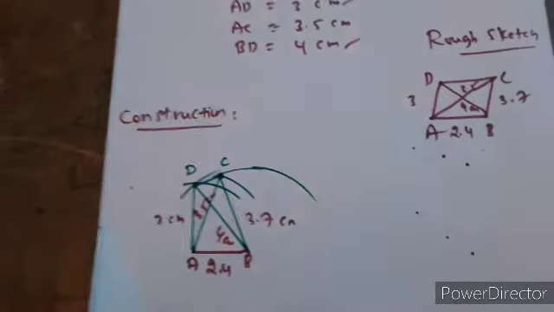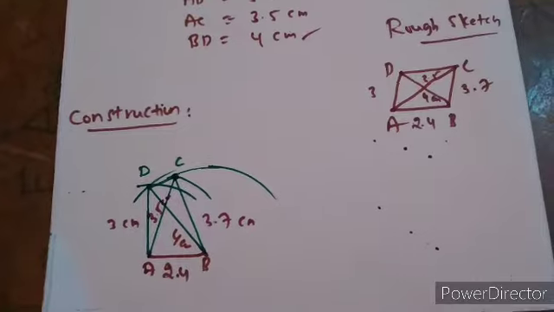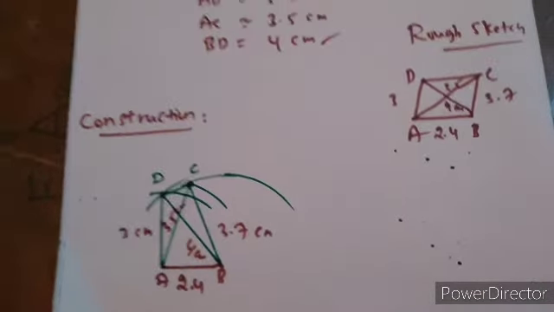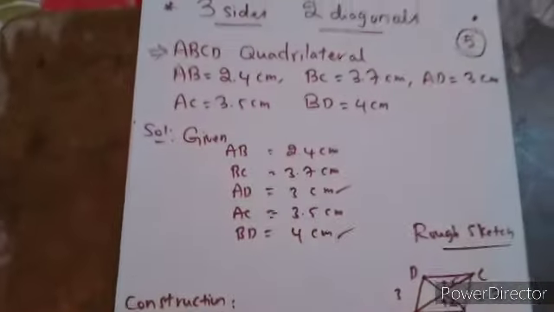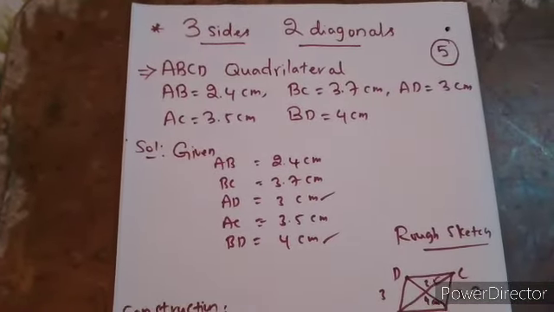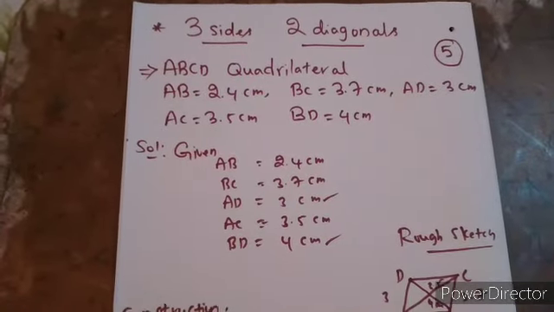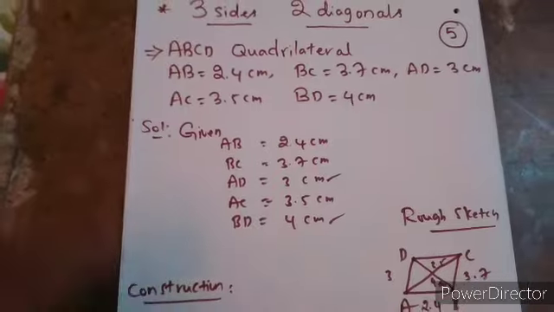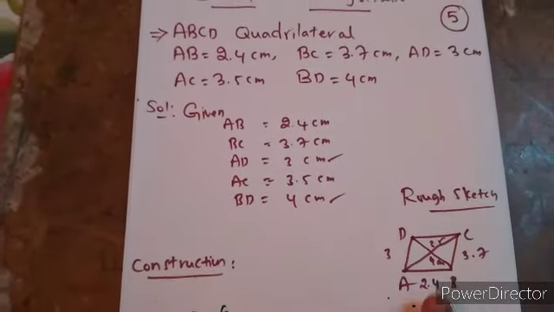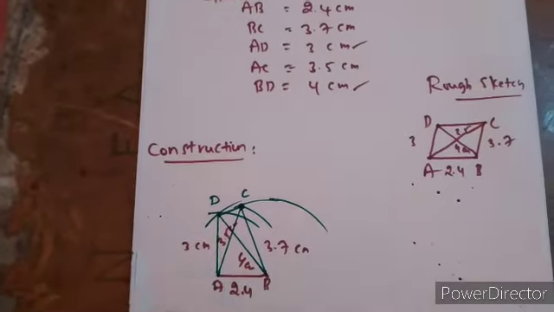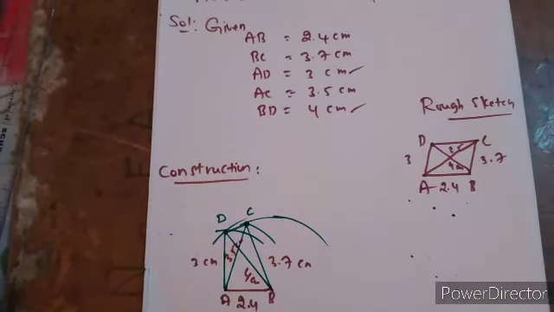You have to follow the same type of steps in doing the construction. So once again, this is the second model of construction of quadrilateral, 3 sides and 2 diagonals. We have to write the given data, rough sketch, construction. After this, the steps, how you have constructed.